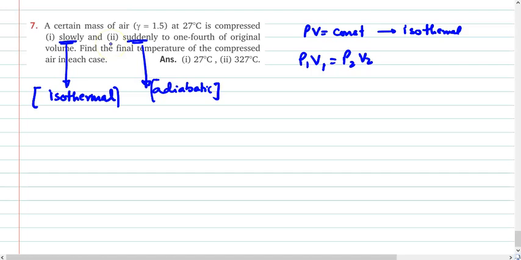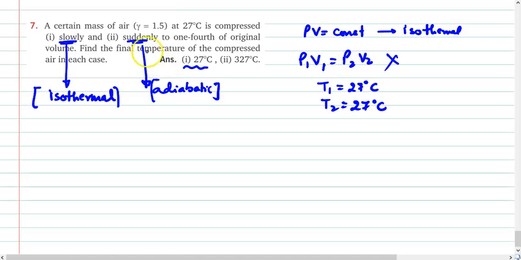So slowly means that the gas temperature is not going to change. We don't even need to apply this. The temperature is going to remain constant. So initial temperature was 27 degrees centigrade, so the final temperature will also be 27 degrees centigrade.